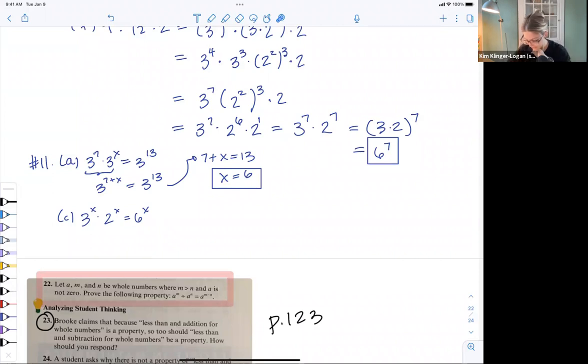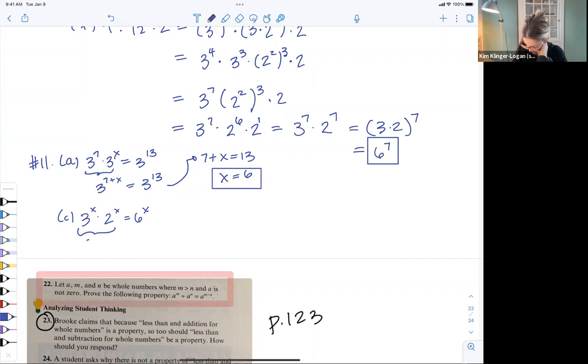Okay, so for this one, we want to find the value of x that makes this equation true. So I want to think about, again, simplifying one of the sides and seeing what makes it true. So here I have the opposite rule, right? Here I had the same base, so I can add the exponents. But here I have different bases with the same exponent.